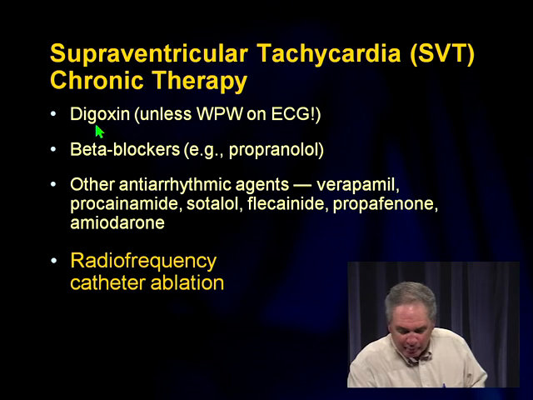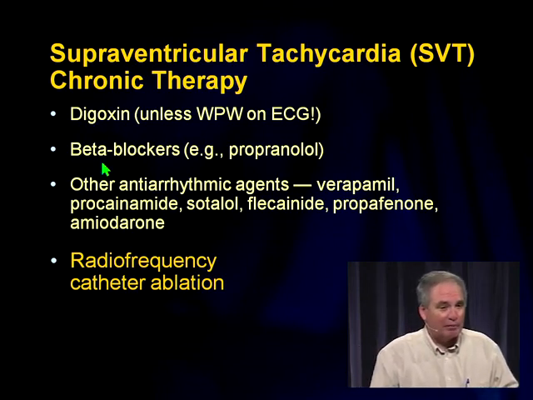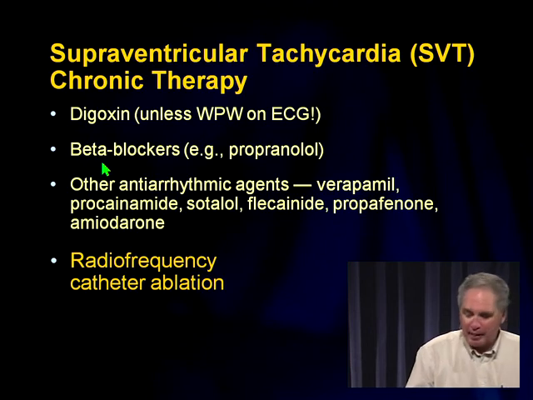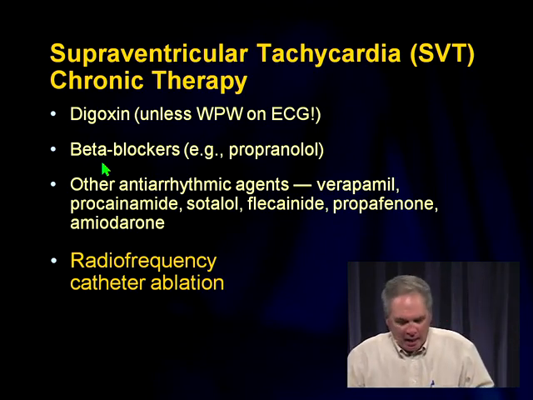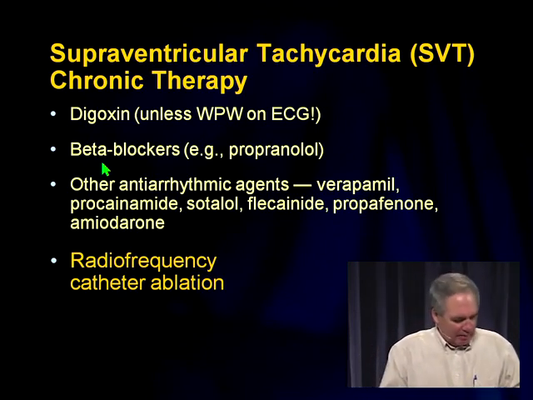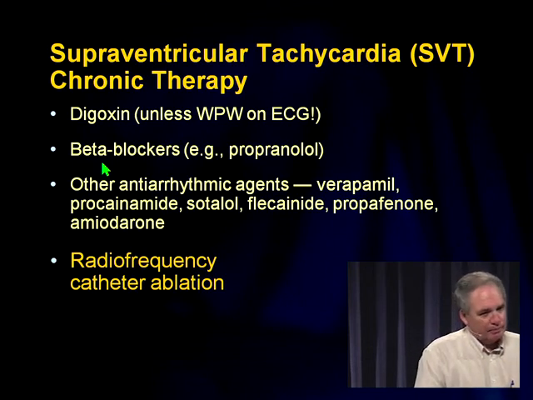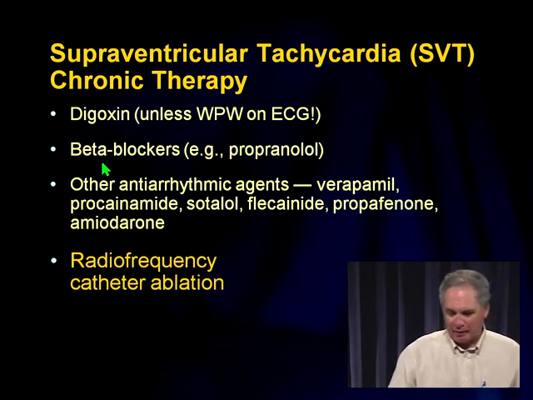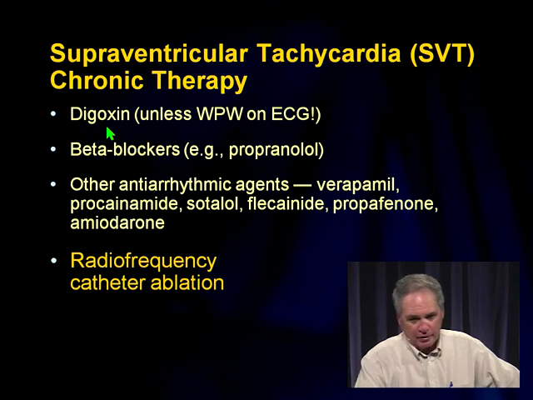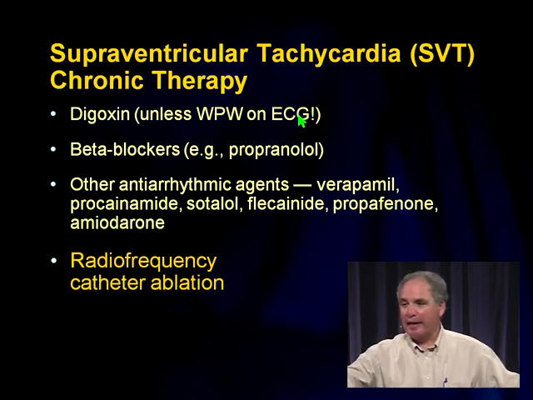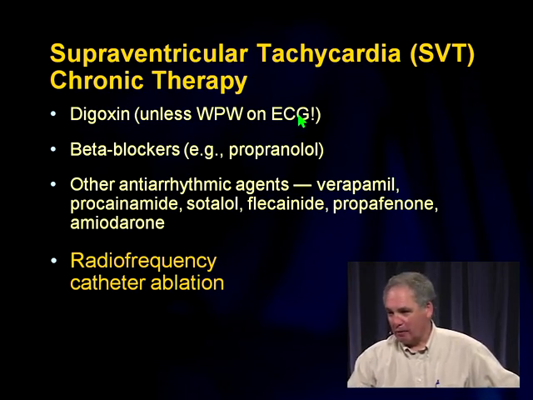I think the two big players are digoxin and beta blockers. Beta blockers are terrific. Put them on oral beta blockers, send them home, 90% of them are fine. Digoxin, some of you may have been taught to use digoxin. It's okay, but I'm going to tell you something right here. Don't use it if there is overt evidence of Wolff-Parkinson-White syndrome pattern on the EKG that you will get after you stop the tachycardia.